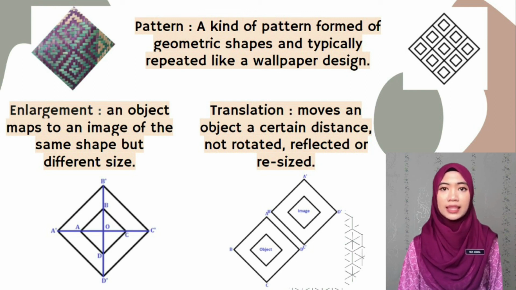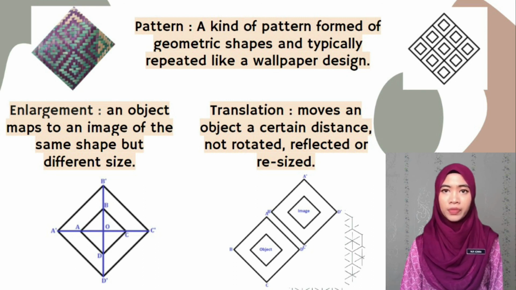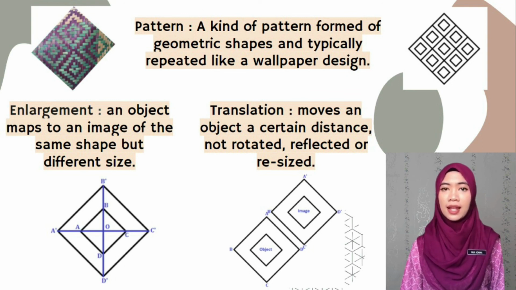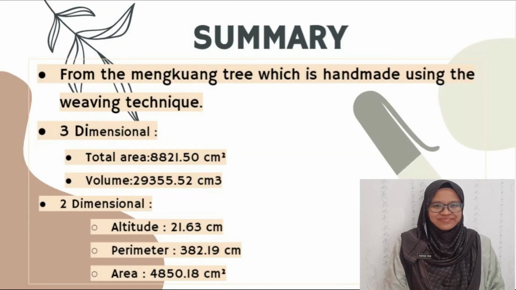The object and the image are said to be similar, while translation is a term used in geometry to describe a function that moves an object a certain distance. The object is not altered in any other way. It is not rotated, reflected, or resized. The picture here shows the enlargement and translation process in completing the pattern in Tudung Saji.